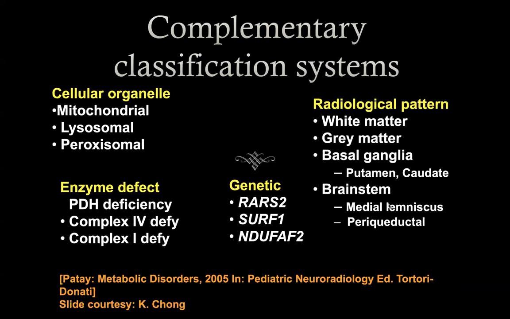You can classify these neurogenetic and neurometabolic disorders depending on the cellular organelle involved, for instance mitochondrial, lysosomal, peroxisomal, or the genes or the enzymatic defect. And sometimes there is an overlap between them, and it becomes, especially for a radiologist, very, very complicated.